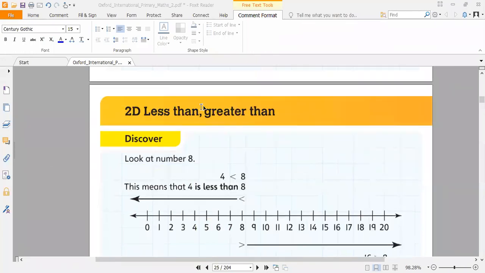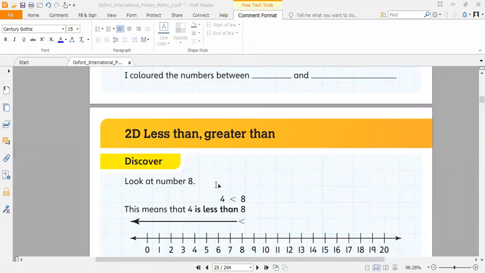Next is 2D, less than and greater than. Look at the number 8. This means that 4 is less than 8. The trick to understand the greater or smaller sign is that we have to open the mouth of the sign to the greater number.